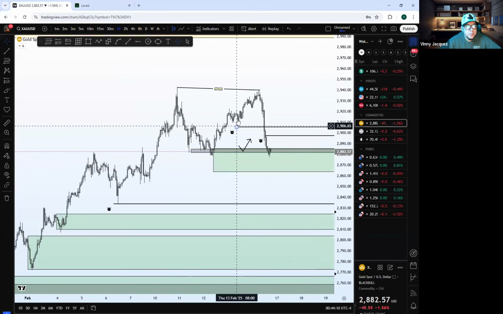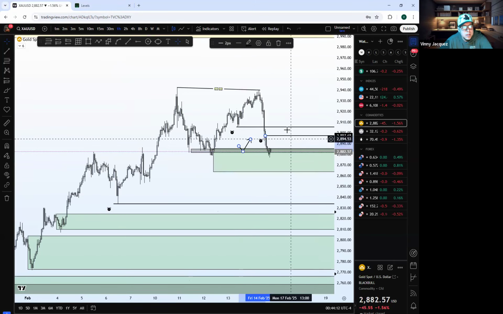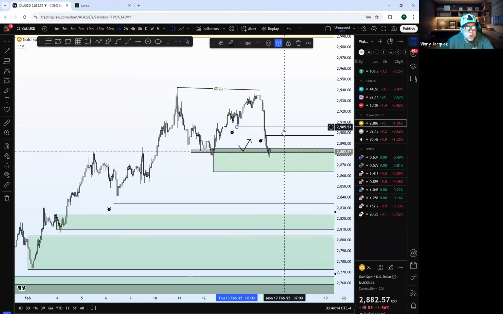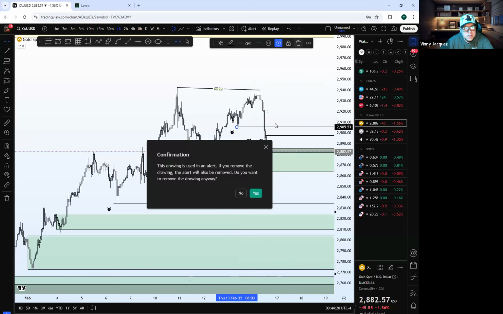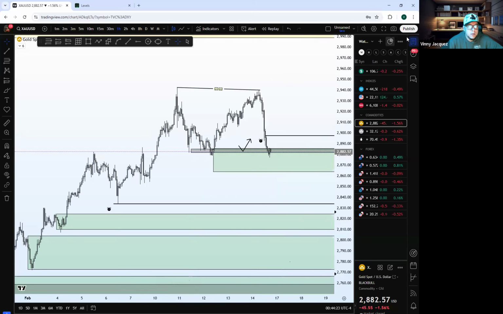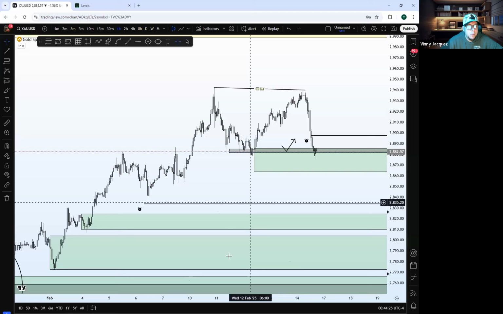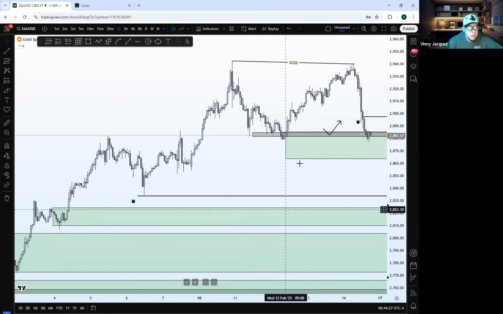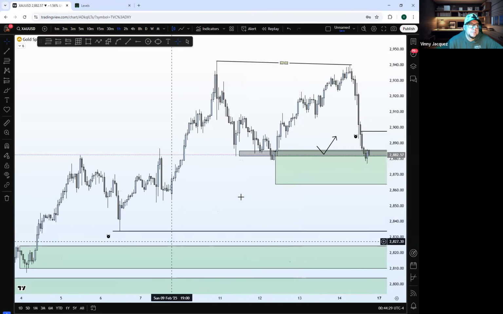So check this out. The thing is, guys, we're so focused on... let me see, if I refresh this page, let's see how the market looks. We're zoomed in a little bit, right?